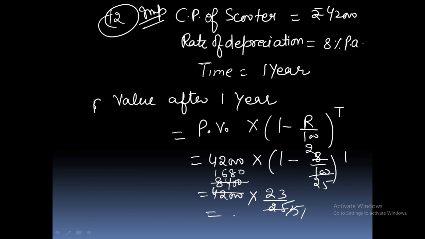After multiplying all these things, we will get 38,640. This is the value of the scooter that will remain after 1 year.